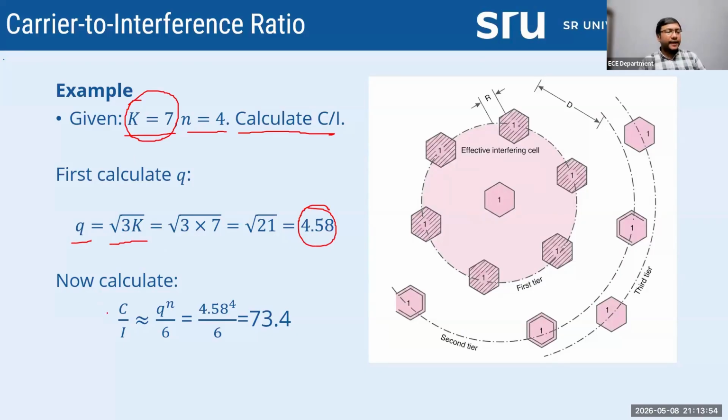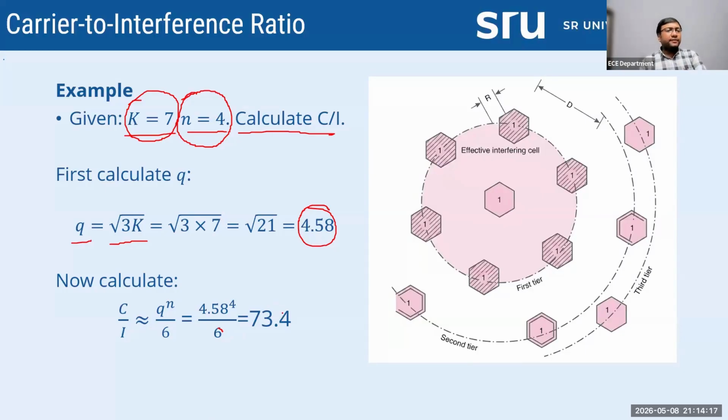Now we need to calculate C by I, that is equal to Q to the power n divided by 6. Now in the question it is given the value of n is 4. So 4.58 to the power 4 divided by 6 is equal to 73.4 that we are getting.